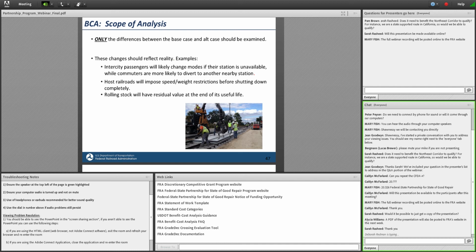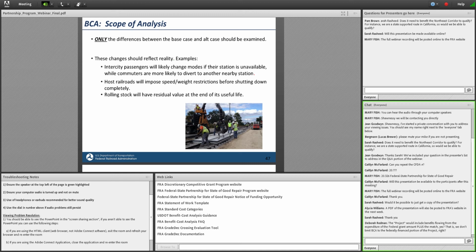If you feel like something is reasonable, but it may seem a little suspect at first glance, just go ahead and document, provide support for that assumption, and we'll be happy to review that and ensure that the analysis itself reflects reality as best we can.